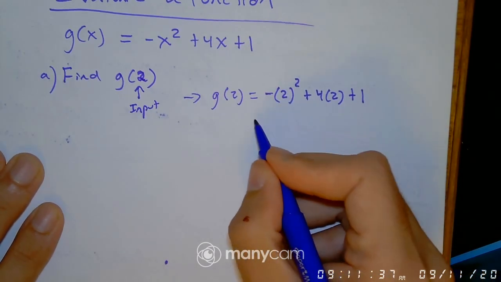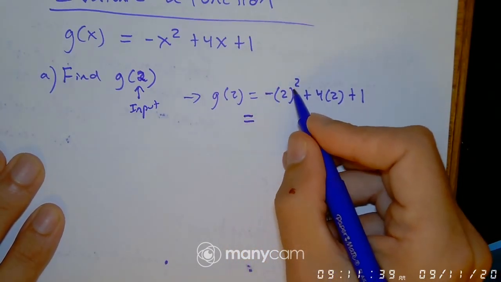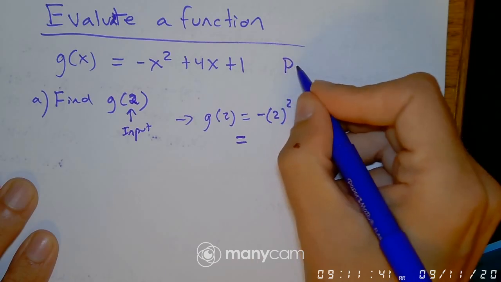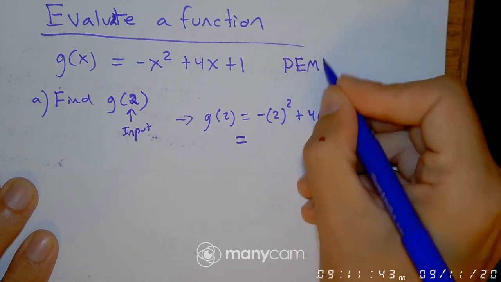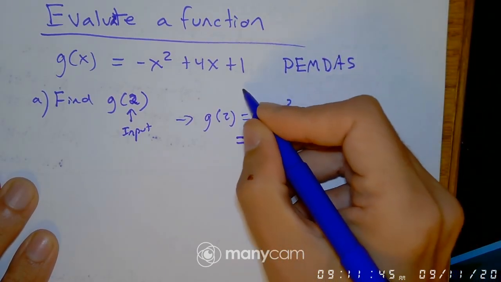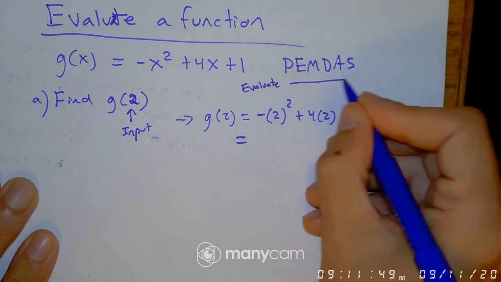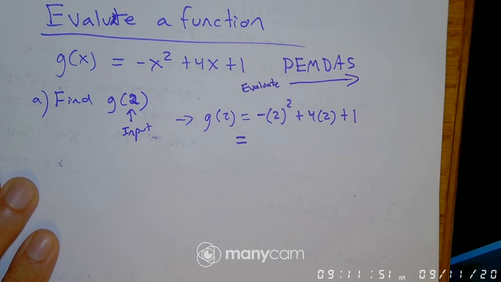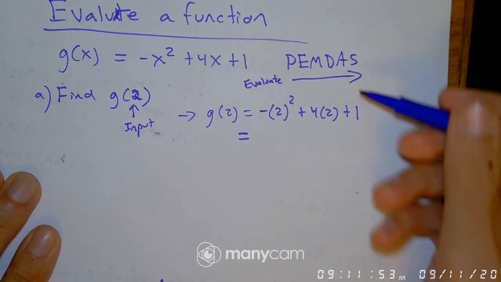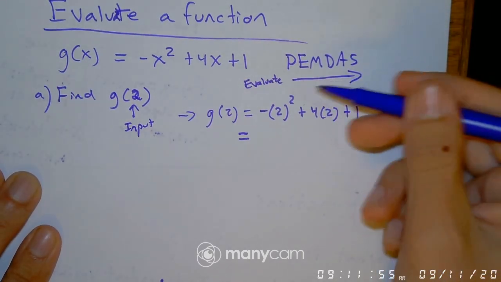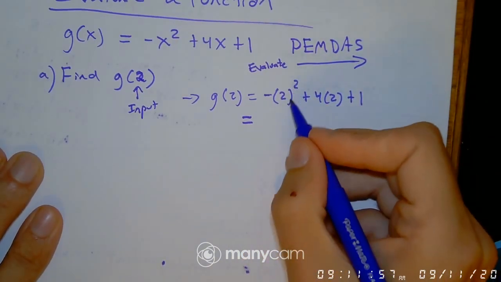So then we're going to go through and evaluate this. So I do order of operations. Right, when we evaluate, we go left to right, okay? Which is different than solving, right? When we're solving, we go backwards. So I'm going to do exponents first.